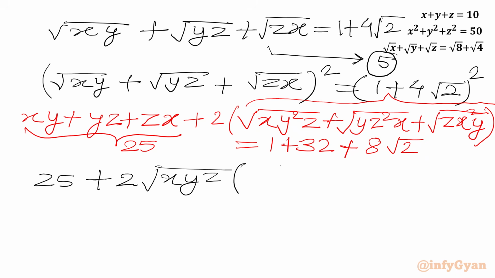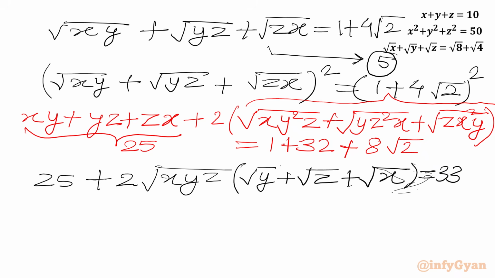So in the bracket there will be square root y plus square root z plus square root x, which is given to us in equation number 3. And in RHS we will write 33 plus 8 square root 2.